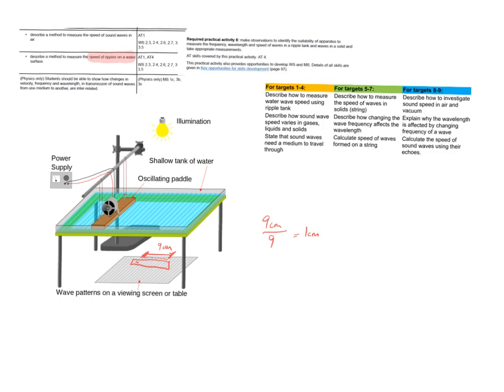So you use the stroboscope to freeze the wave, to make the wave look like it's frozen. Then you can take straight away the reading on the dial of the stroboscope, which will give you the frequency.